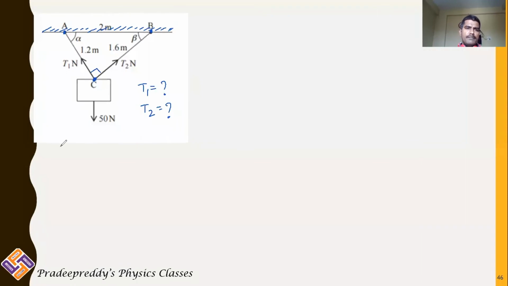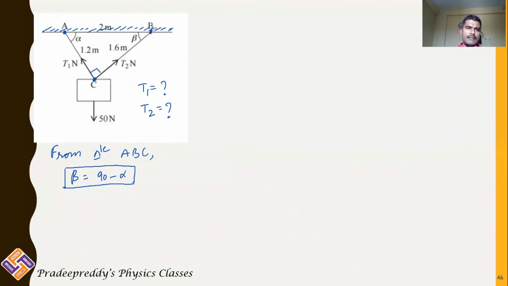From triangle A, B, C, you can write beta is equal to 90 minus alpha. Whenever we require, we will be using this. Beta is equal to 90 minus alpha.